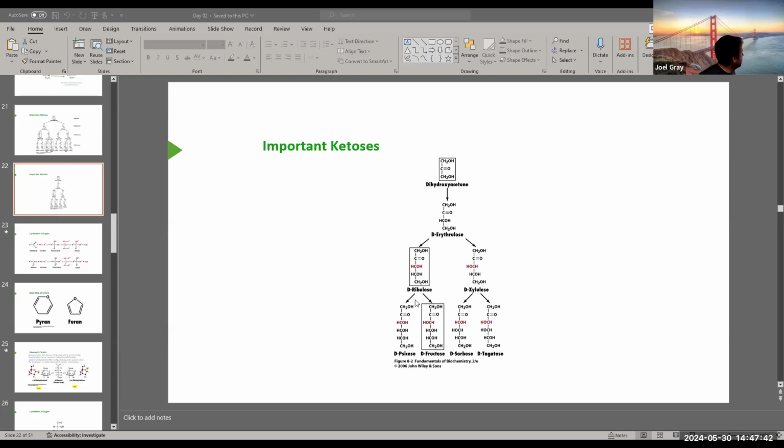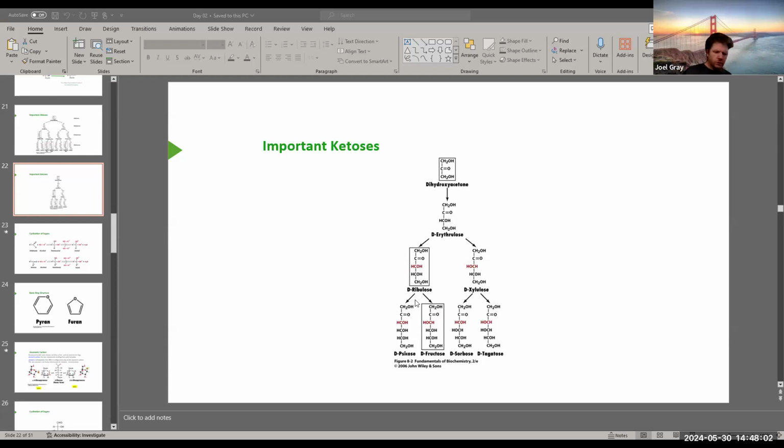In ribonucleotides, the pentose sugar is ribose. In deoxyribonucleotides, the pentose sugar is deoxyribose. So when you think about nucleic acids and nucleotides, we need a pentose. We don't need a hexose, we need a pentose.